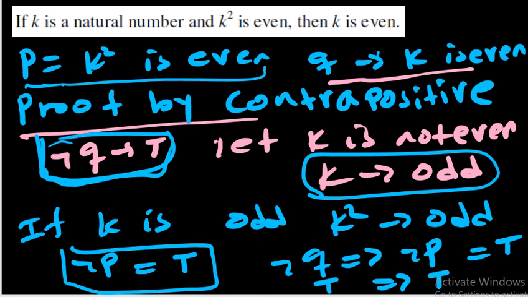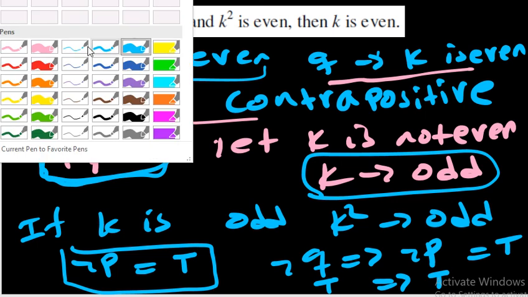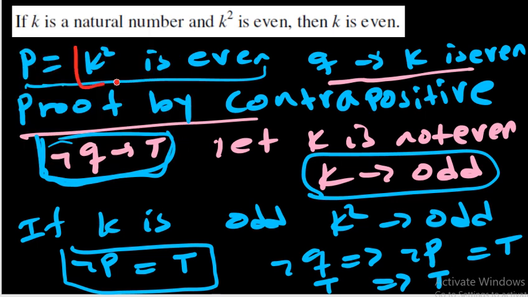Remember, what is our premise? Our premise is k squared is even. If k squared is even, then k is even. So we are trying to prove by contrapositive. What do we do? Contrapositive means take the conclusion part as false, that is, the negation of the conclusion as true. So if the negation of Q is true, that means k is not even, which means it will be odd.